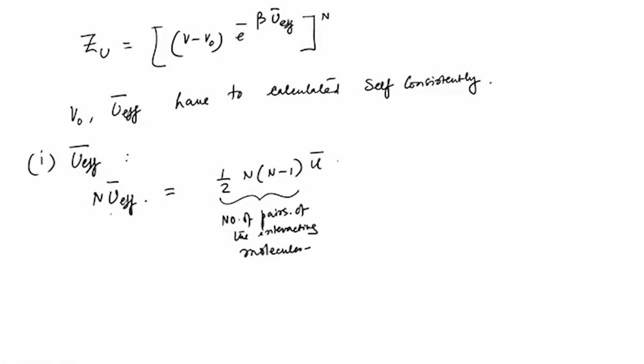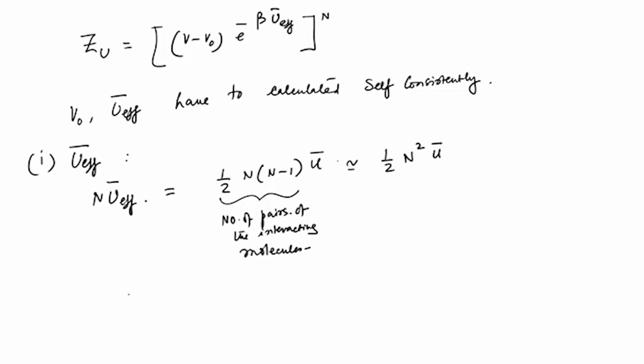Now, this distinguishes between the capital U and the small u that we have written here, and this is of course a U average. It can be written almost as half n squared U average, because we have just neglected the factor minus 1, since n is large.